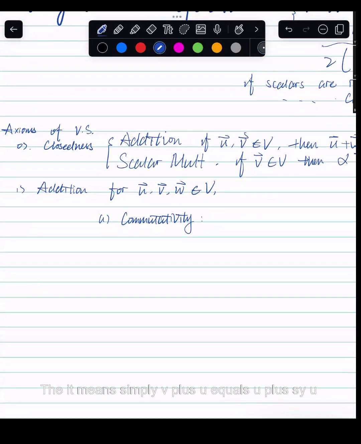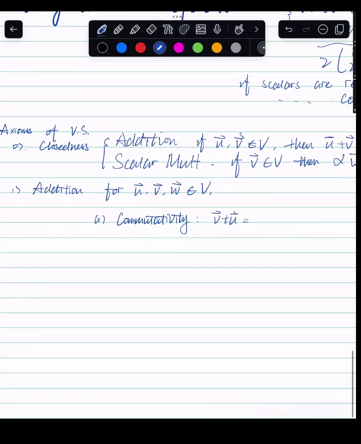So it means simply v plus u equals u plus v.